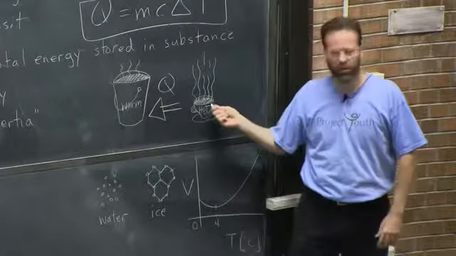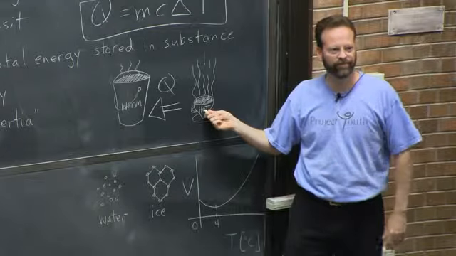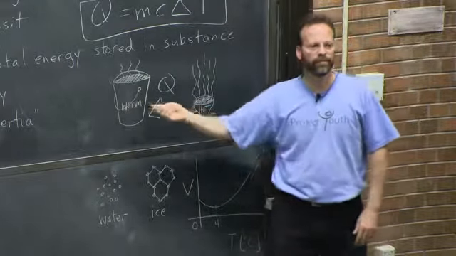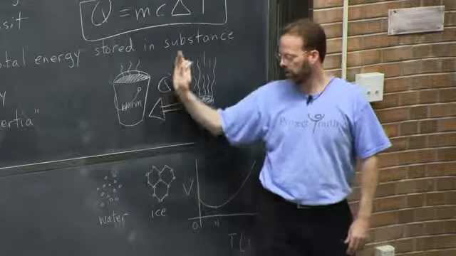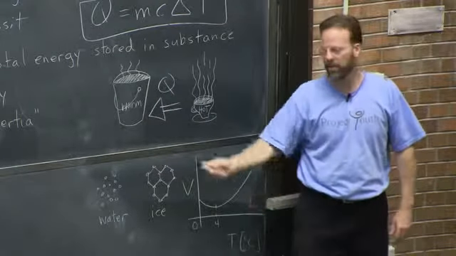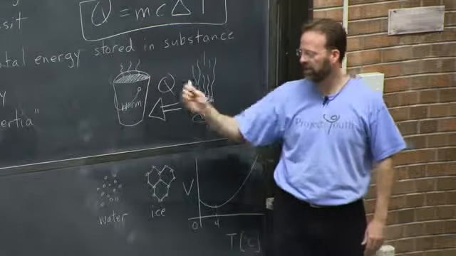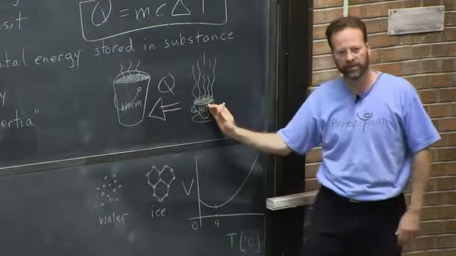Because this little amount won't have as big an effect. If these are exactly the same amount of mass of water, then you could end up right in the middle temperature-wise. But there's a lot more matter here. So this will have less effect on that than this will on this.